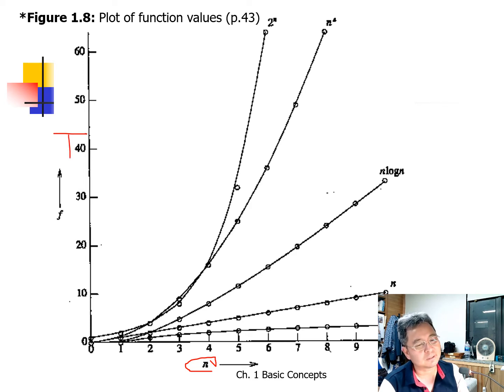Okay, so log n does not increase time rapidly, but n log n and n square and 2 exponent n go very, very steep increase in the graph. So that means that we only consider this time complexity in the useful algorithms.